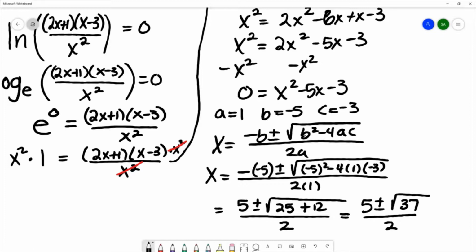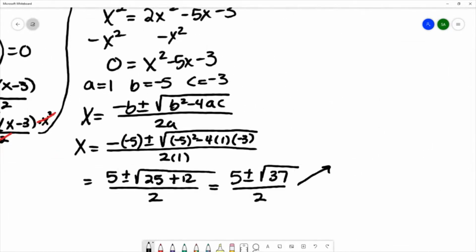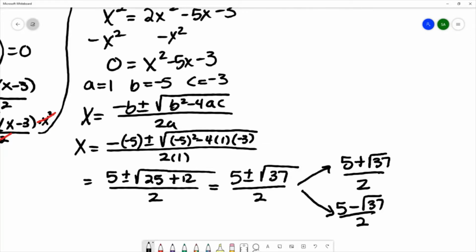I need to find the decimal approximation of these so I can check to see if these values are in the domain of the original expression. So I'm going to type into my calculator 5 plus square root of 37 over 2, as well as 5 minus square root of 37 over 2.